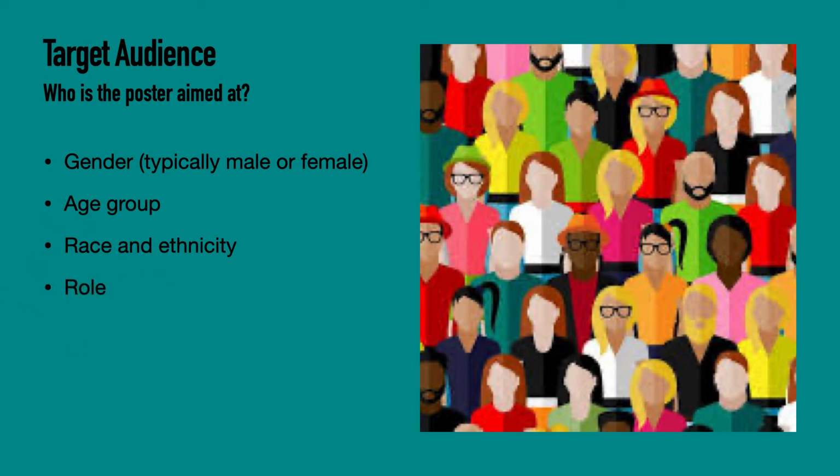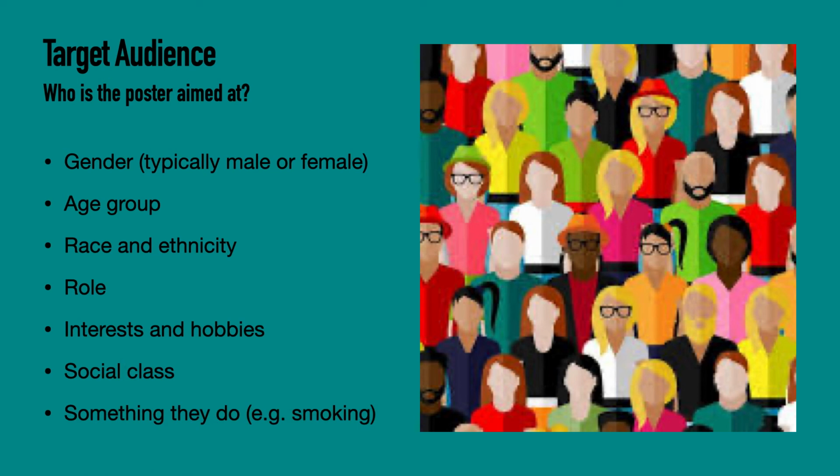Now, they could be roles in the work or maybe in the home, people with certain interests or hobbies, from different social classes, or something they do. So for example, an anti-smoking campaign is not really aimed at people that don't smoke.